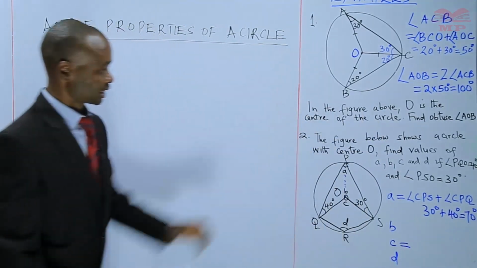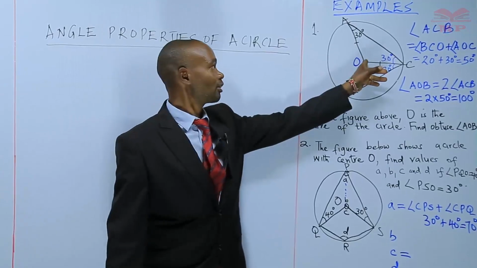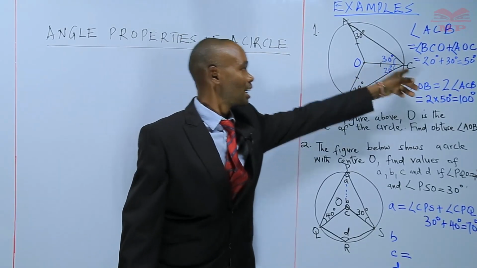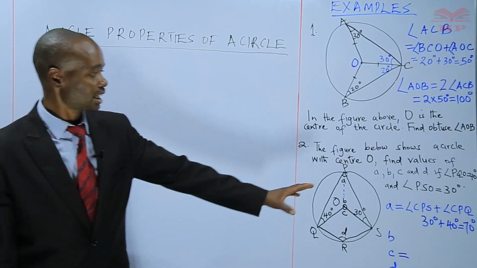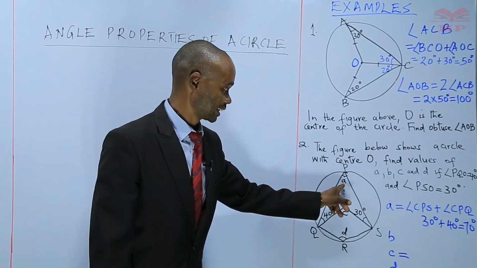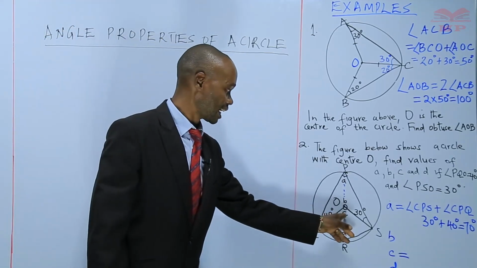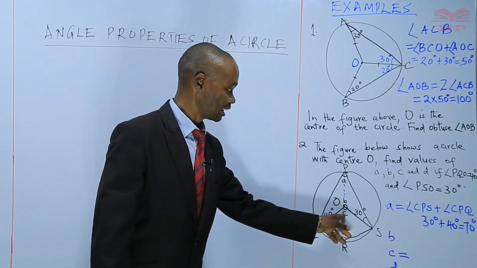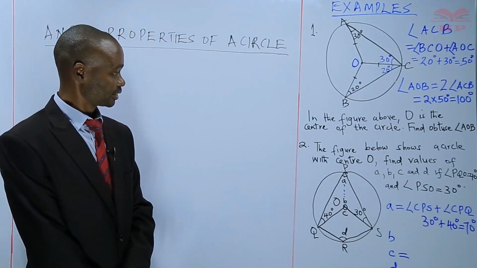From the first concept, which I said when we were solving the first one, the angle at the center is twice the angle at the circumference. So the first angle we've got, A, is the angle at the circumference, and C is the angle at the center. So A is a half of C, isn't it?